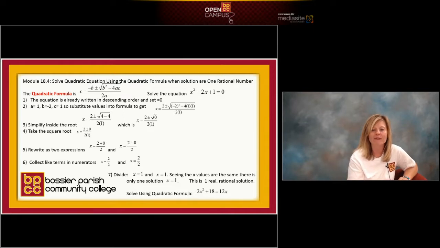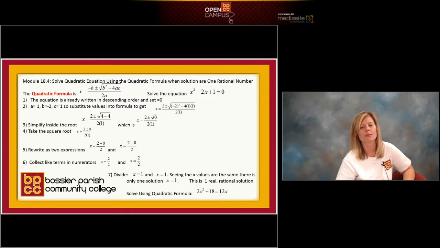So now I have for my equation x equals 2 plus or minus the square root of 4 minus 4 over 2 times 1. We're still not done inside the grouping symbol. We got to keep going. We know inside the grouping symbol 4 minus 4 will give us 0. So now our equation is x equals 2 plus or minus square root of 0 over 2 times 1.